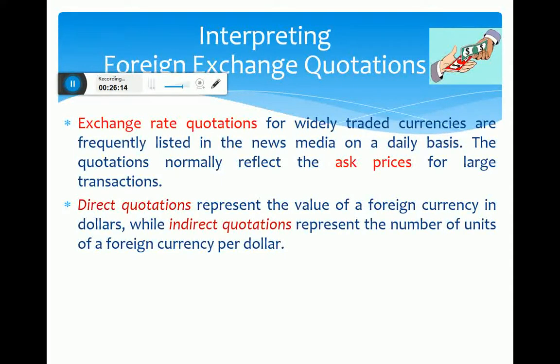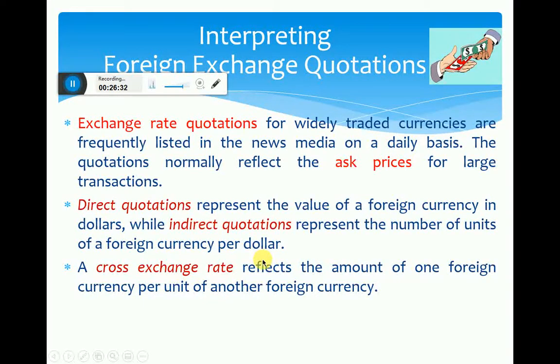If it's an indirect quotation, I'll say, suppose, 81.2, right? 81.2 equals $1. That is the difference between the direct and indirect quotation.